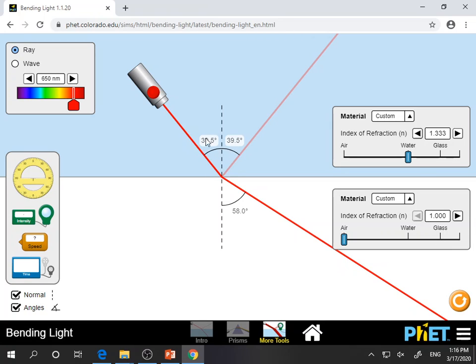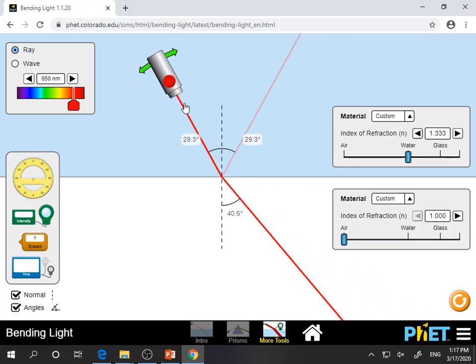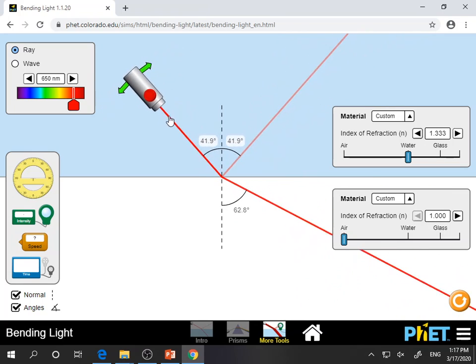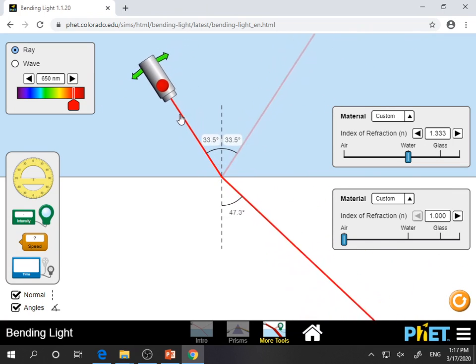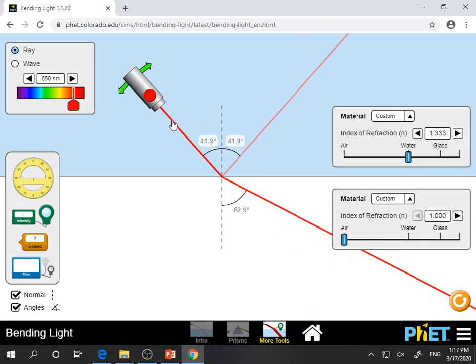Going from higher index to lower index, the ray will refract away from the normal and toward the surface. As we can see, by increasing or decreasing the angle of incidence, the refracted ray still bends a little bit away from the normal. So far so good.